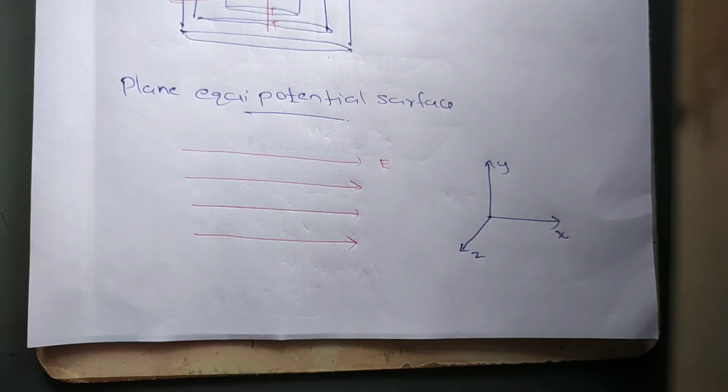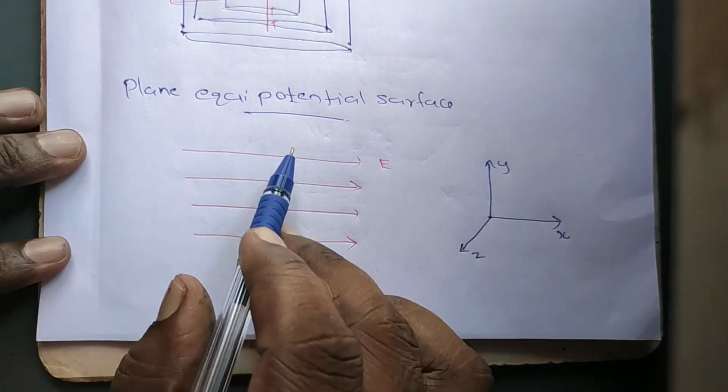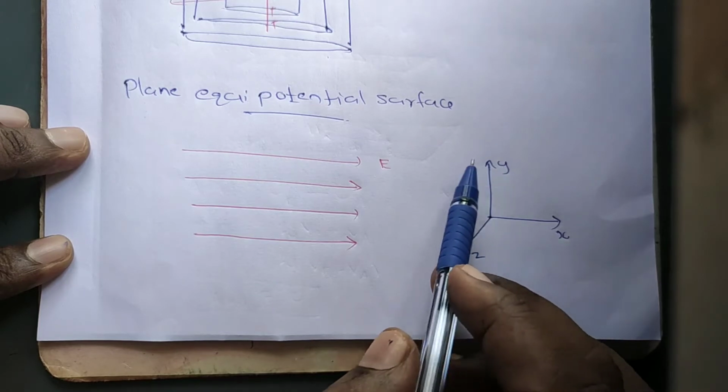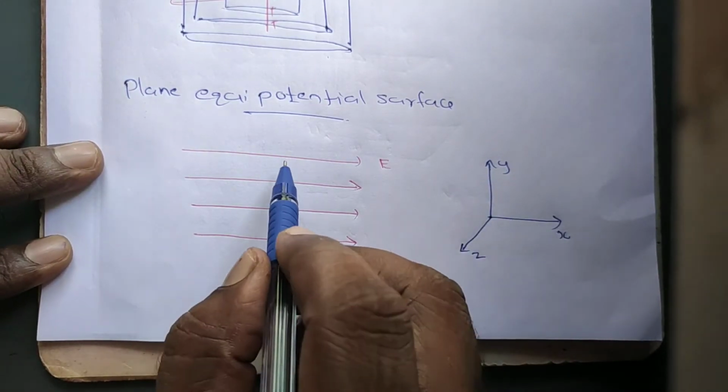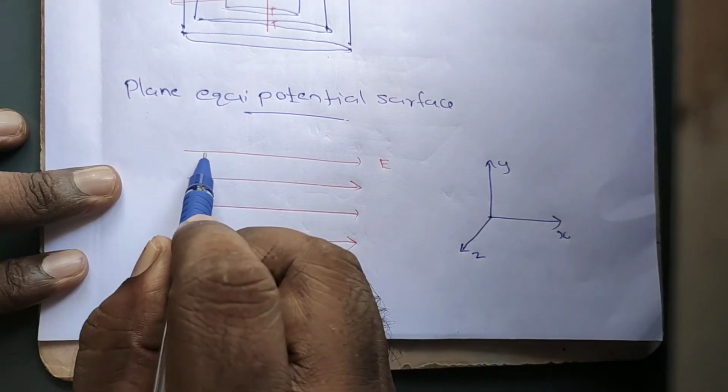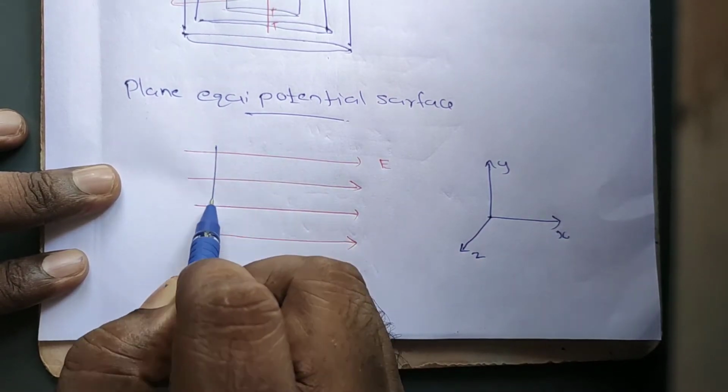The equipotential surface is always perpendicular to the electric field. So we have to draw an equipotential surface perpendicular to this, which means it will lie in which plane? It will lie in the YZ plane. So we draw the equipotential surface like this.